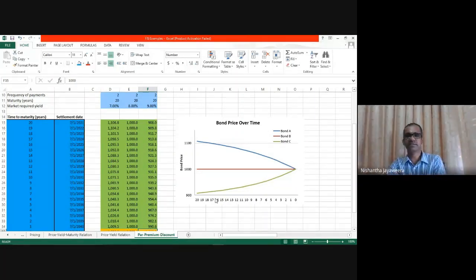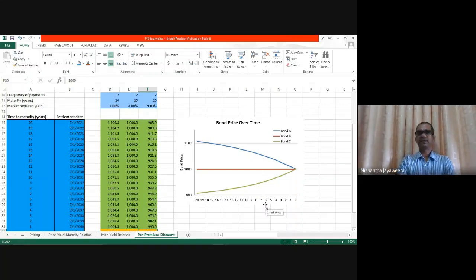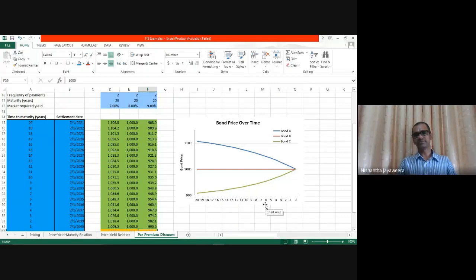Your realized return may differ, but in this case it's different. But if you can maintain your yield to maturity, that's the return that you realize. So whether you bought it at a premium or a discount, it doesn't matter. You realize your yield to maturity, if you can invest coupon payments at the same rate, otherwise it won't be the case.